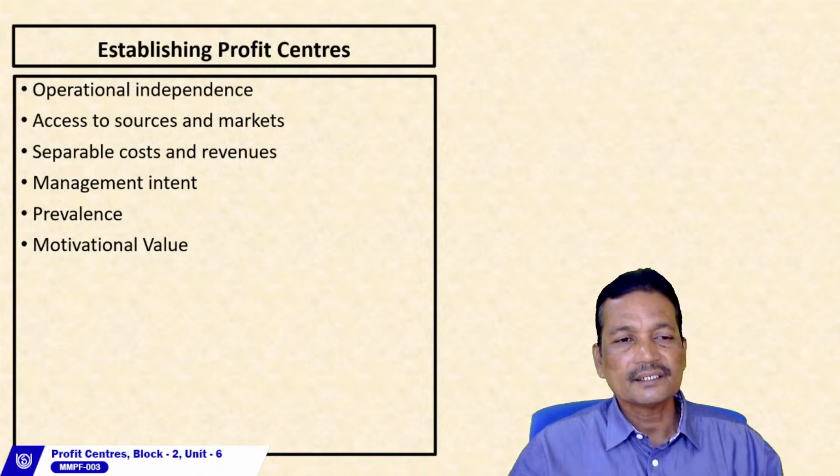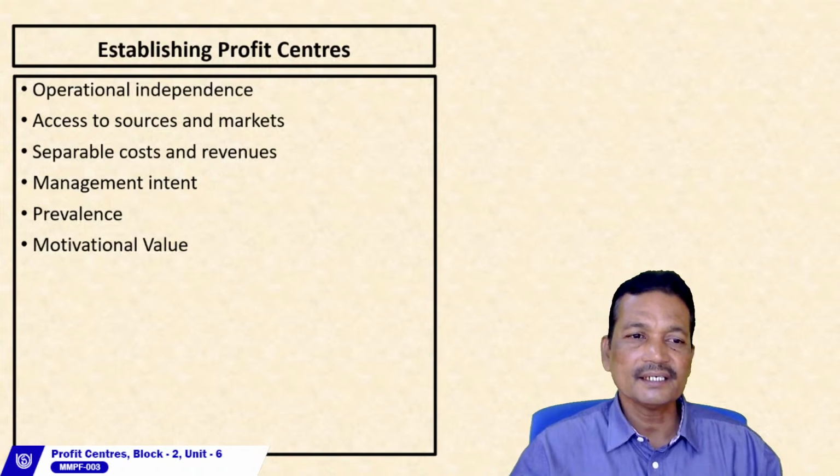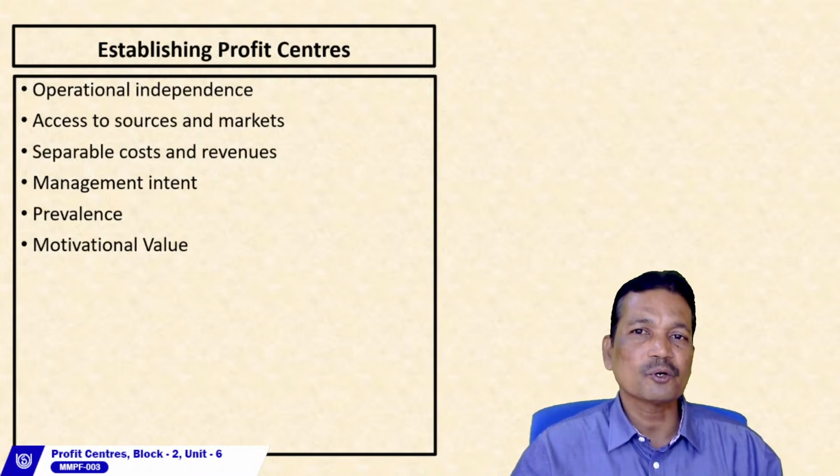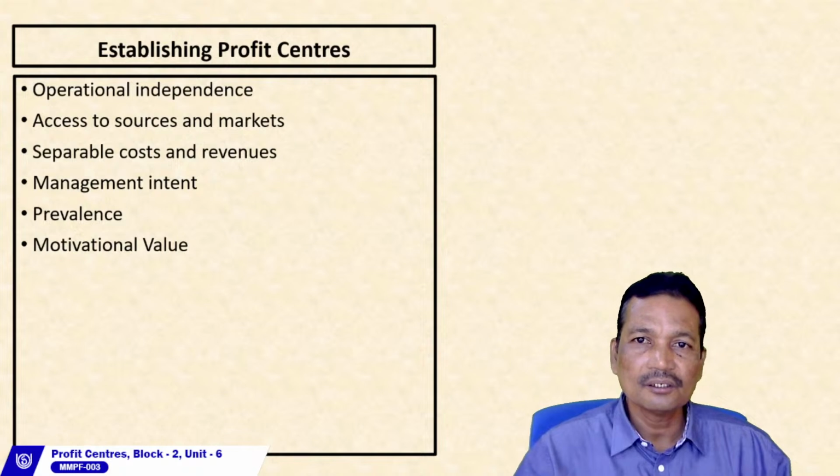Now, profit center should have prevalence in generating profit, and it should have motivational values. Motivational values, that means motivating the division managers, the divisional employees as a whole, which should percolate down from the corporate.